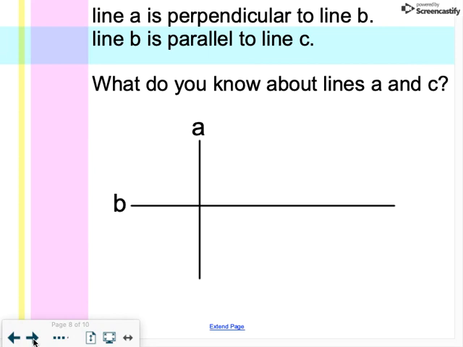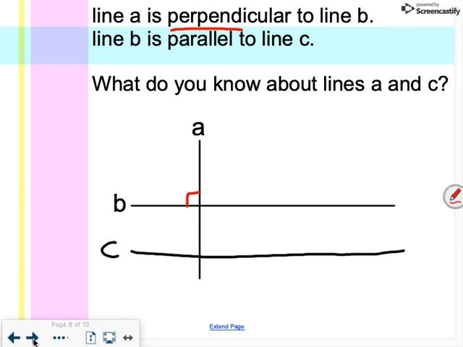Our next one, we are told line A is perpendicular to line B. So again, that vocab word means that this is a right angle. Now we are told there's a line C that is parallel, do my best to draw a parallel line there, to line B. So what we're asking ourselves now is, what is the relationship between A and C?